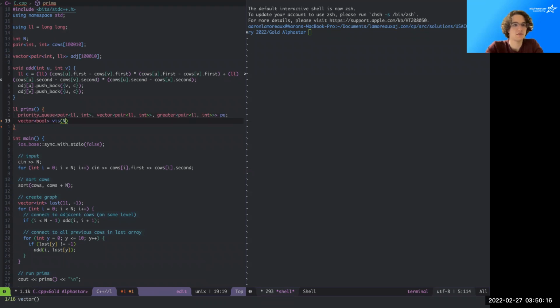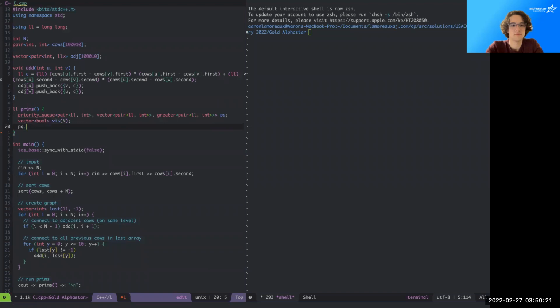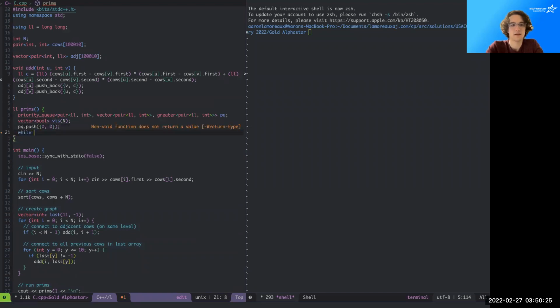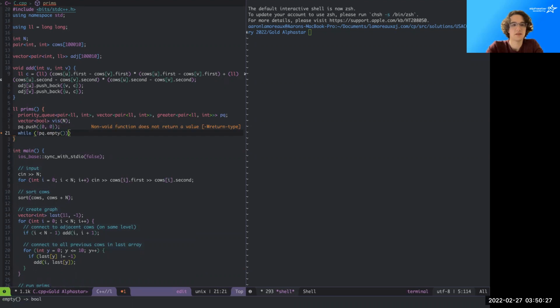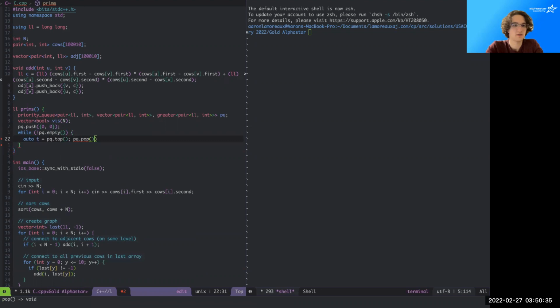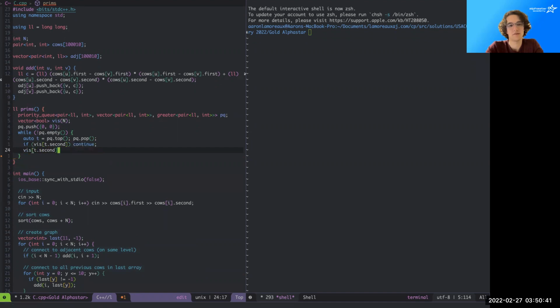We can start at any one, we'll start at 0. Get the top element. If it's visited, so we already visited it, we can just continue. Otherwise, we mark it visited.